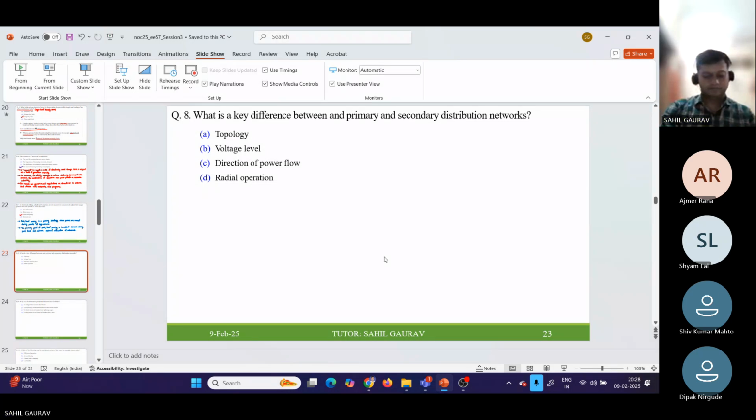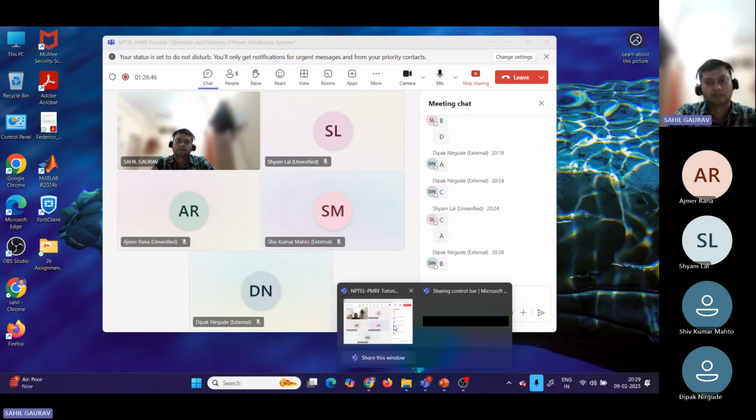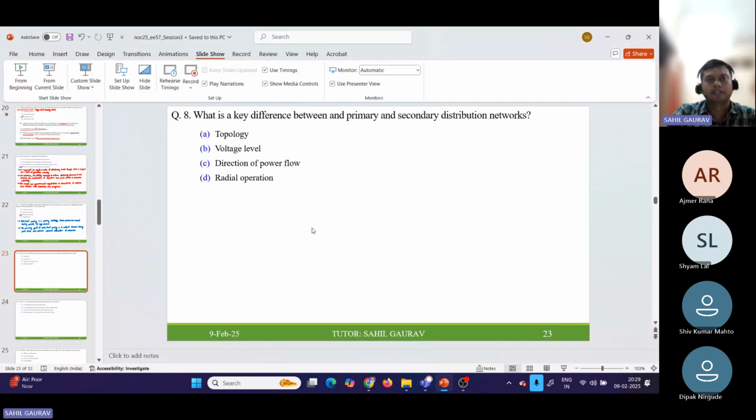Okay. So Deepak is saying B, Syam is saying A. So B is the correct answer. Deepak, you are correct. Voltage level is the key difference between primary and secondary distribution network.